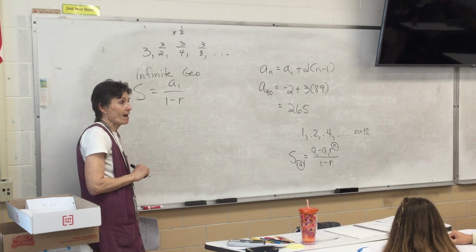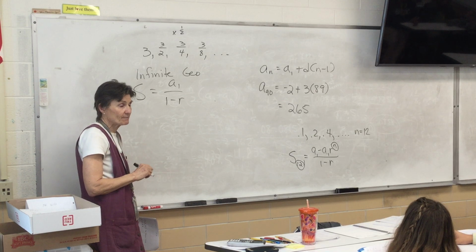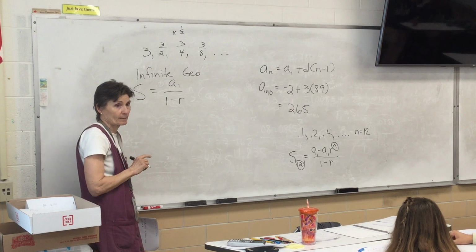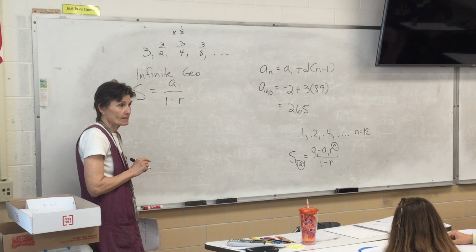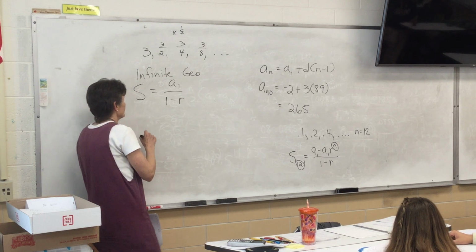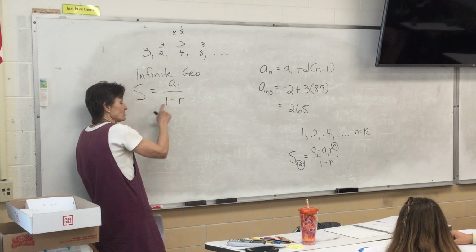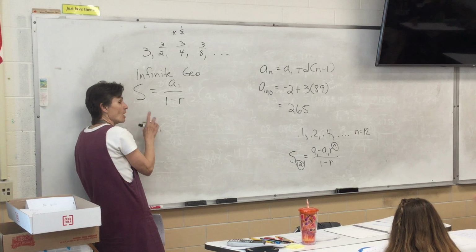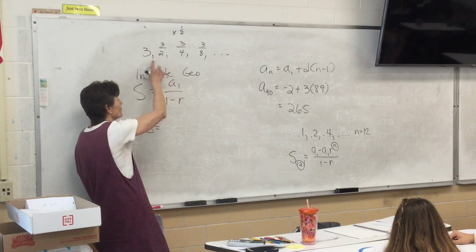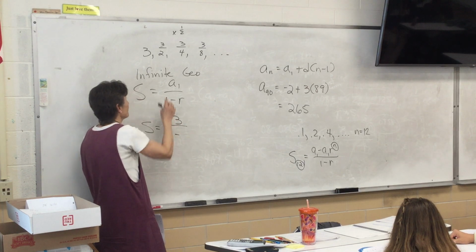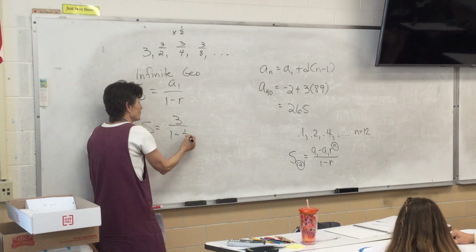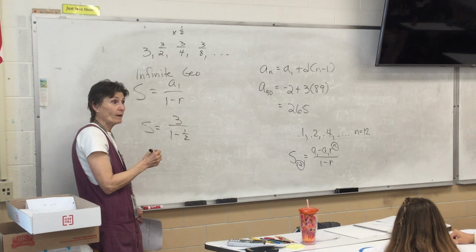You will not have infinite arithmetics. If it's infinite, it's a geometric. Okay? Now notice, all I need to evaluate this is the first term, which is 3, and the common ratio, which you figured out was 1/2.